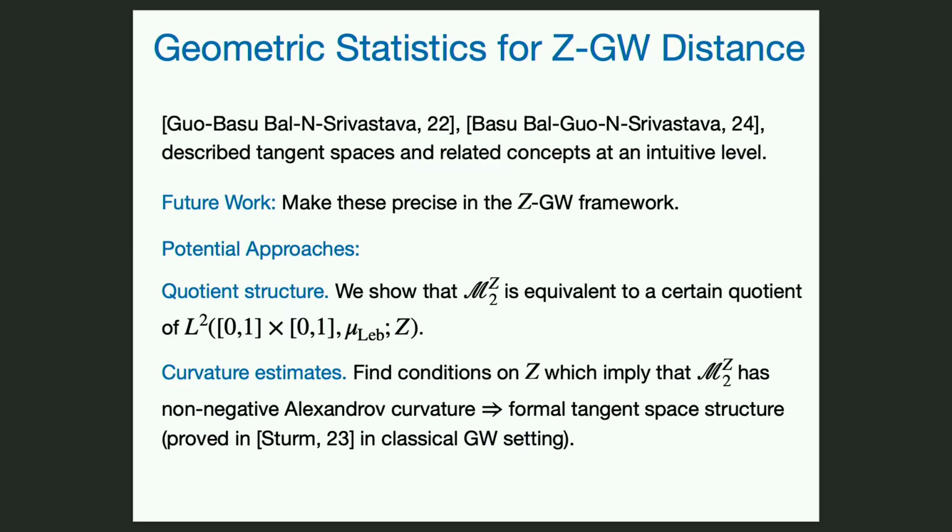And for spaces with lower Alexandrov curvature bounds, you can synthetically define things like tangent spaces and gradient descent and exponential maps, and it all works at a formal level. So the question is, suppose I want to consider general Z, what are conditions on Z which would allow you to derive similar curvature bounds? Mao has already done some work, and we believe that this probably works if Z is a Hilbert space by the same sort of proof. But the question is, can you push this further?